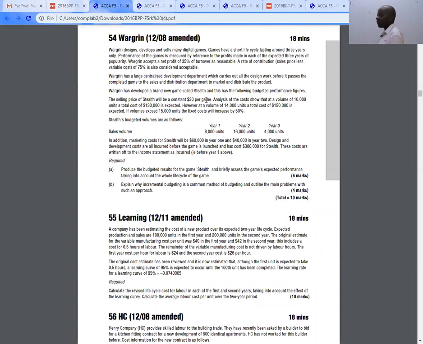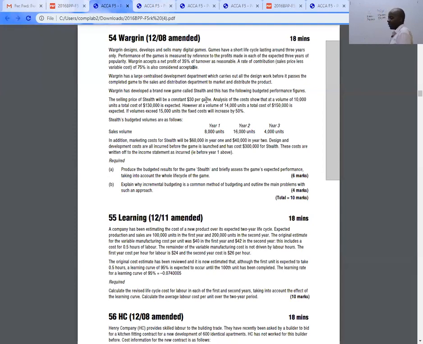For x, at a volume of 10,000, the total cost will be 130,000. And then when volume goes up to 14,000 units, we have our total cost being 150,000.